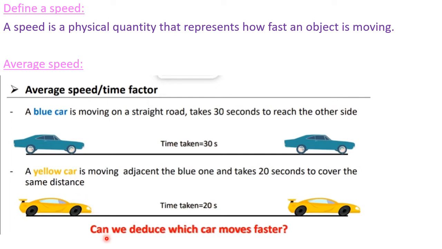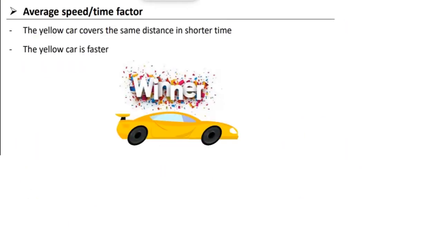So can we conclude which car moves faster? Your answer is right. The yellow car is the winner. Why? Because the yellow car covers the same distance as the blue car, but in a shorter time. So the yellow car is faster.